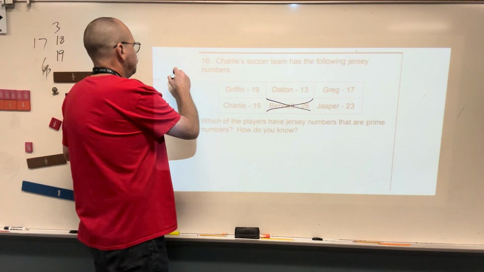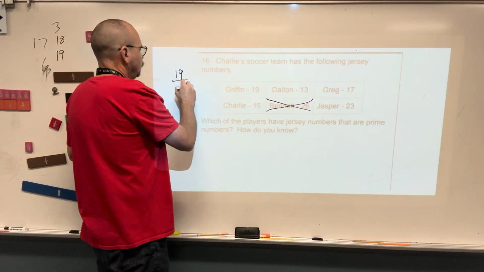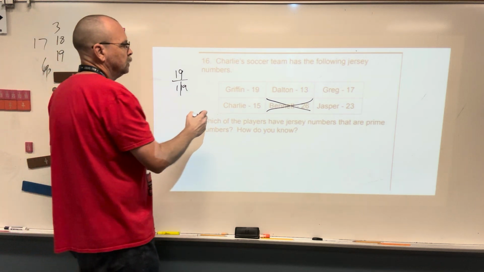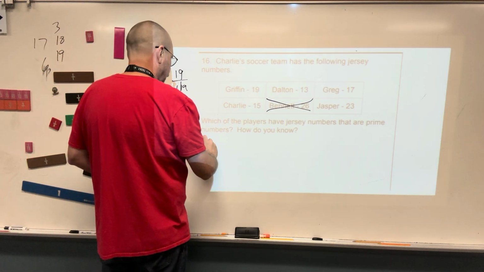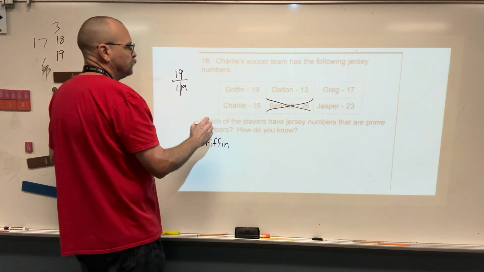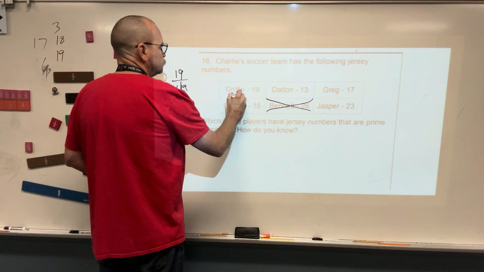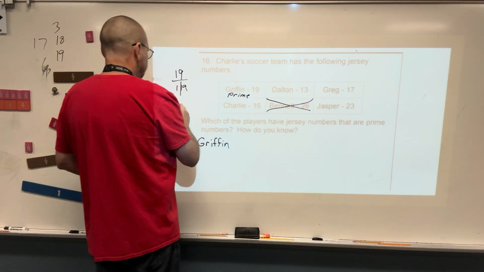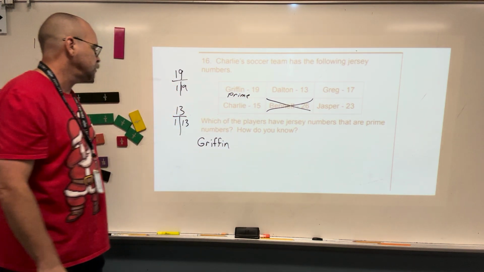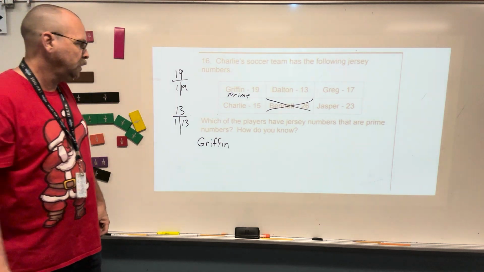19, if we have 19, 1 and 19. I can't think of anything else. So Griffin is prime. 13. The only ones I can think of for 13 are 1 and 13.